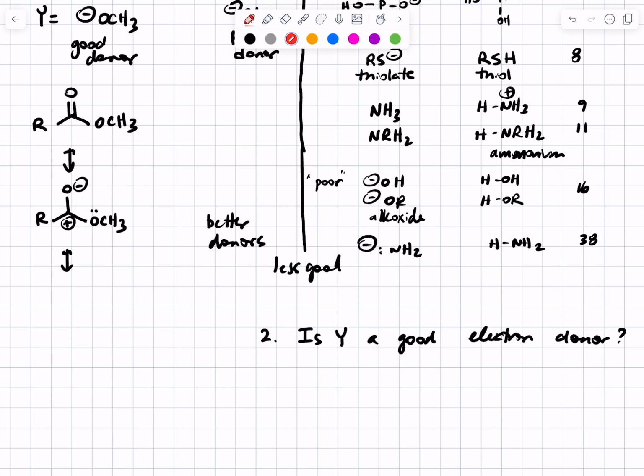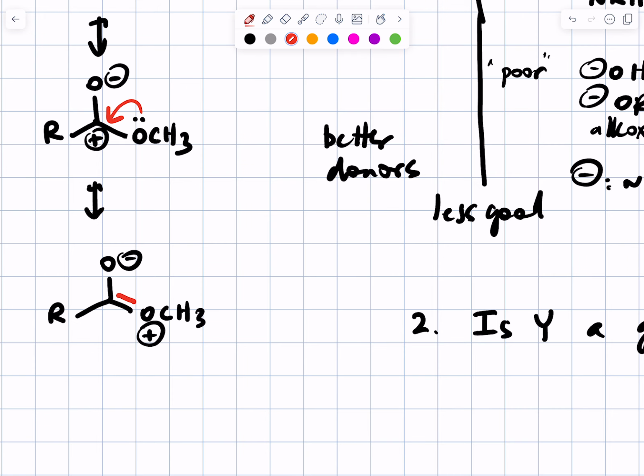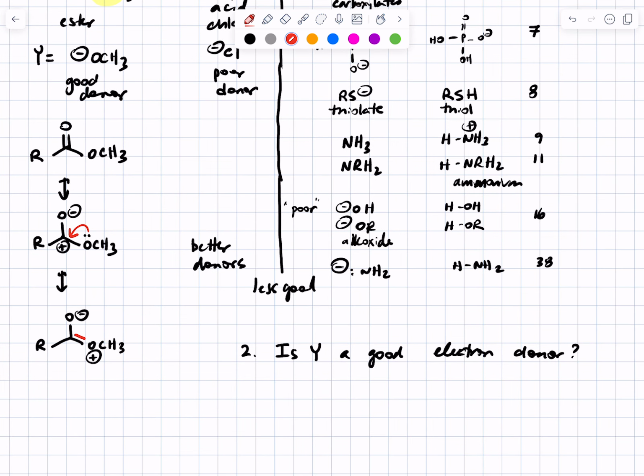So I should be able to draw a resonance structure in which that lone pair donates into the carbonyl carbon to make this resonance structure in which the lone pair is now a pi bond between the oxygen and the carbonyl carbon. The effect of having a good donor on a Y group is to stabilize or spread out the positive charge on the carbonyl carbon and thereby make it less electrophilic. Having a good donating group at the Y position makes the molecule less electrophilic.